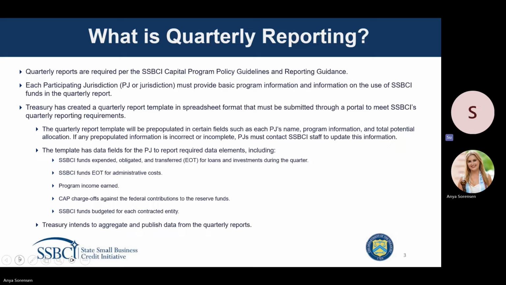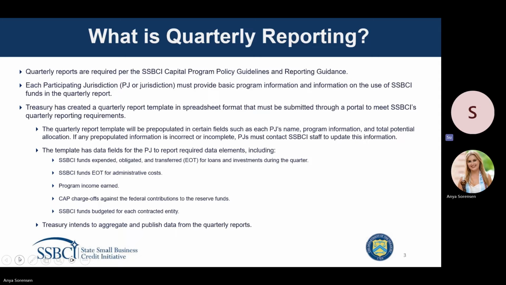The data on the quarterly report template that the jurisdiction needs to complete include SSBCI funds EOT, that is expended, obligated, or transferred funds for loans and investment for each approved program; SSBCI funds EOT for administrative costs; program income earned; cap charge-offs against the federal contribution to the cap reserve funds; and lastly, SSBCI funds budgeted for each contracted entity for the life of the program.